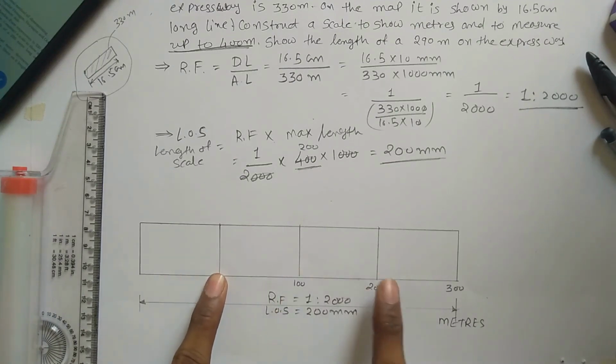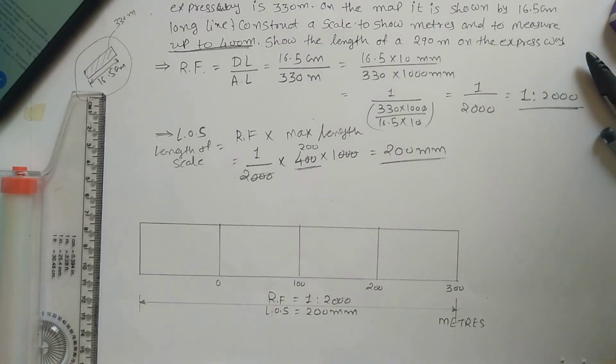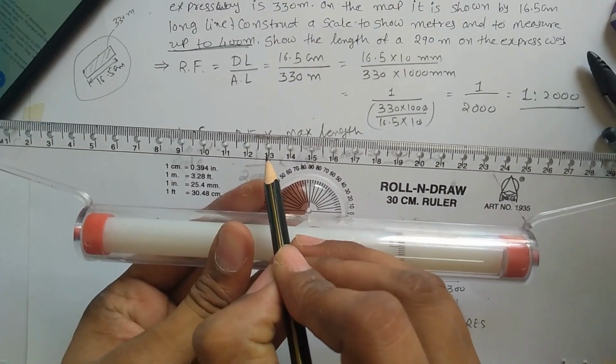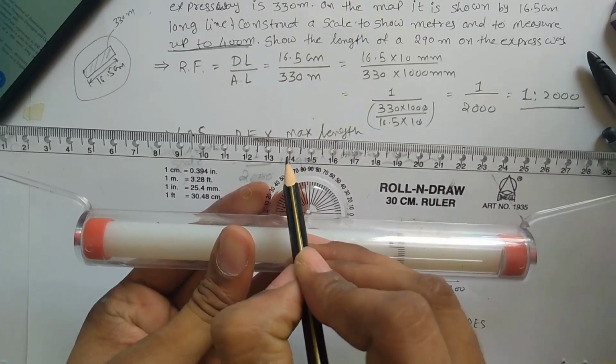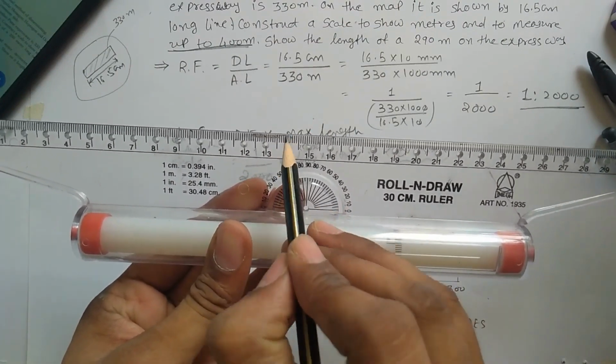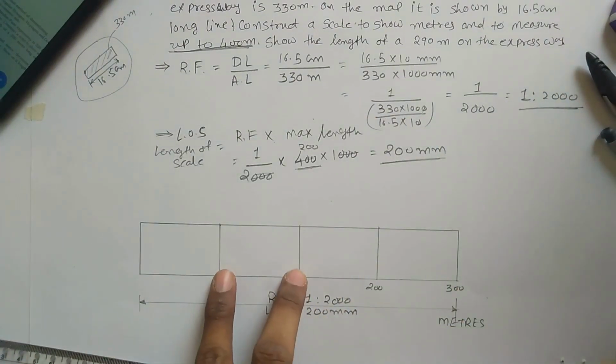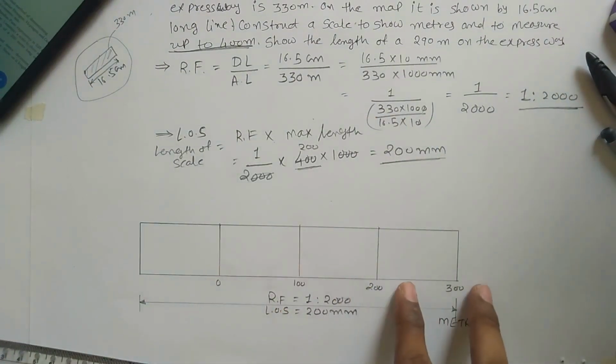like this. 200 meter is also easy, but if I ask you 220 meter, then for that you can see in this scale that every partition of 1 centimeter is again divided into 10 equal parts to measure millimeter. So here also you have to divide this part into 10 equal parts. But no need to divide in each and every division.